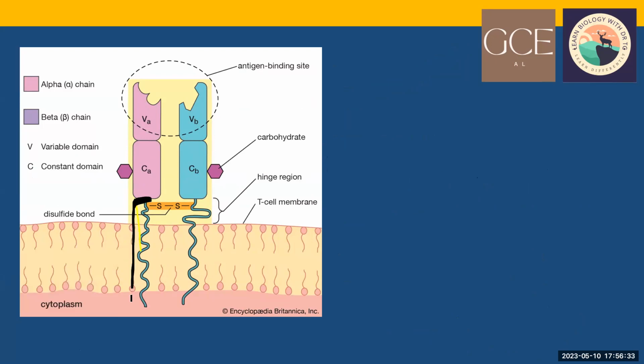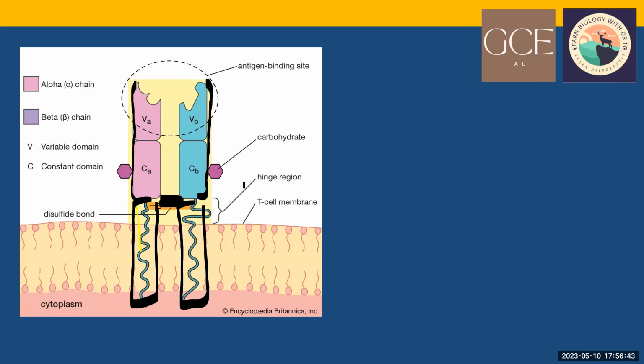This is the attachment site to the membrane, and it has another part like this, which can bind with the MHC and antigen. There are sulfur-sulfur bridges, disulfide bonds, and it looks H-shaped. The T-cell receptor is H-shaped.